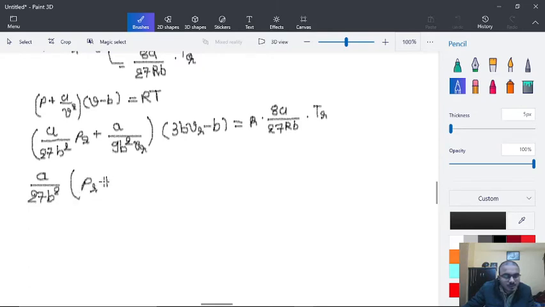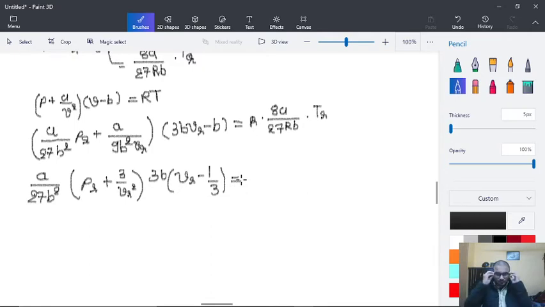PR plus 3 divided by VR square into 3b will be taken common, so VR minus 1 by 3 is equal to, R will get cancelled here, 8a divided by 27 b into TR.